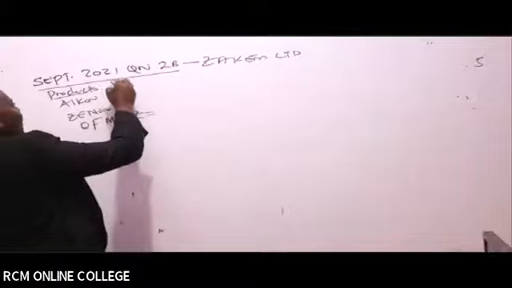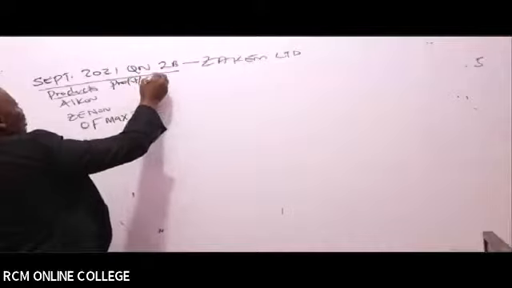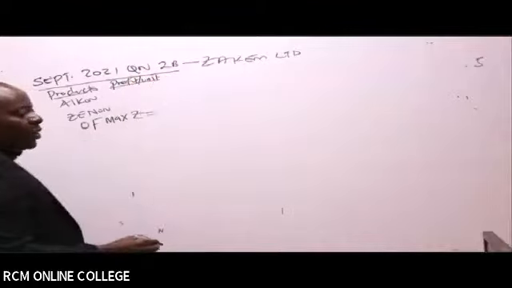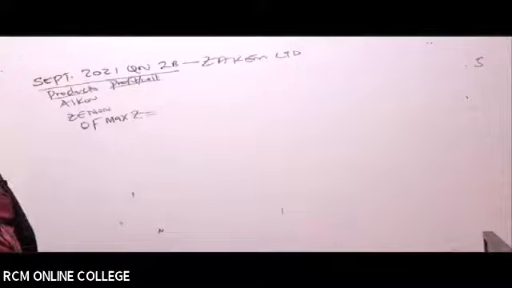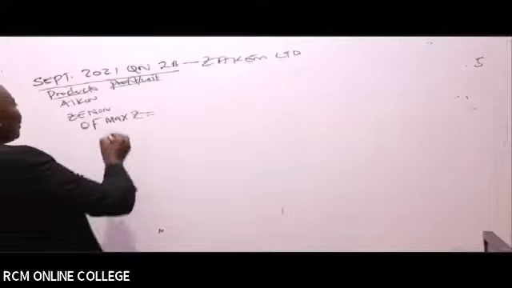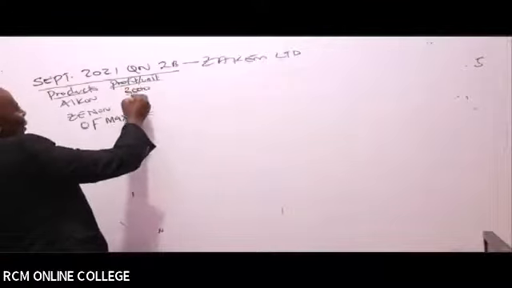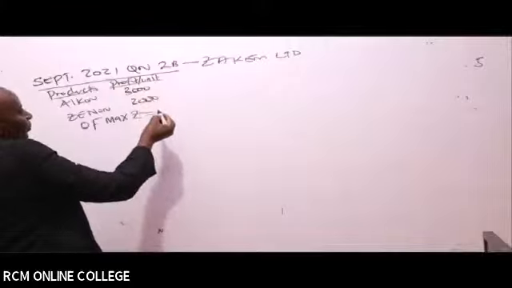So we have profit per unit: alcohol is 3,000 and xenon is 2,000.